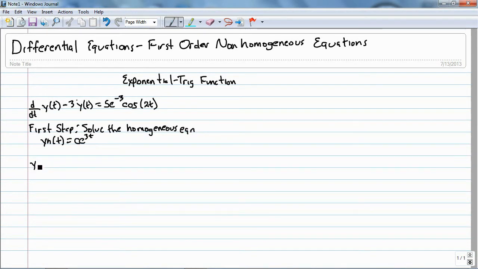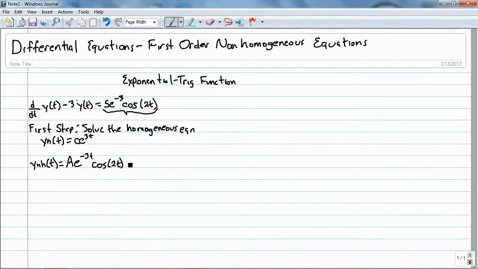We come up with a test equation or test formula, and we want it to be some form like the right-hand side of the differential equation. So we're going to have a e to the negative 3t cosine of 2t. But remember, when we did this with the cosine, we also had to take into account the sine because this derivative is going to throw a sine in there for me.